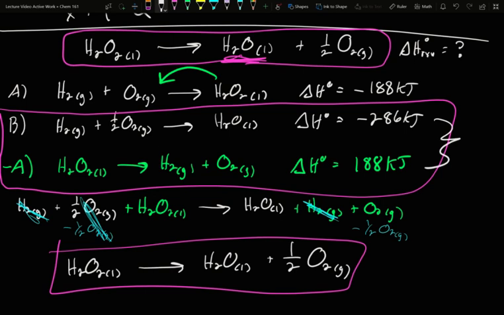Negative 286 plus positive 188, for a total delta H of reaction of negative 98 kilojoules. The delta H of reaction for hydrogen peroxide breaking into water and dioxygen is negative 98 kilojoules.